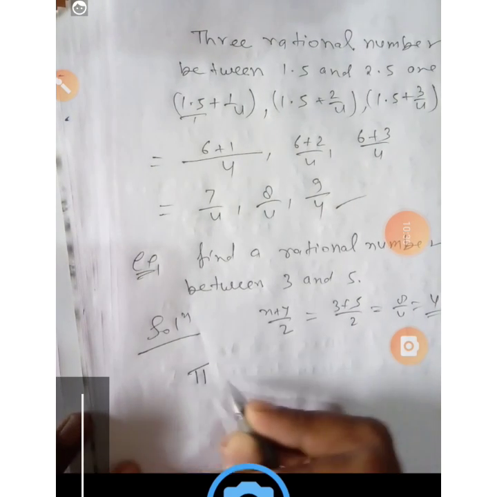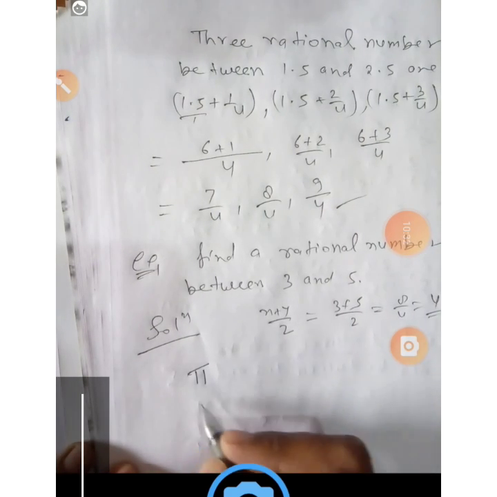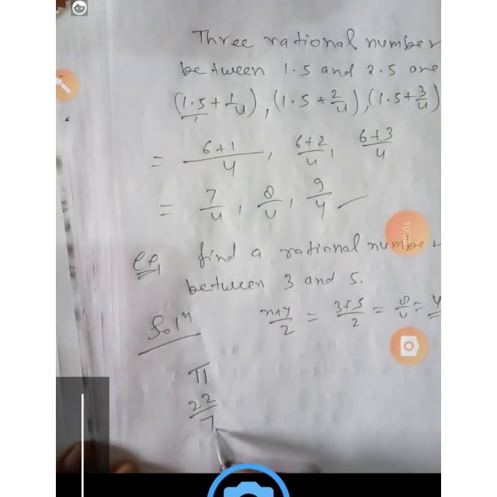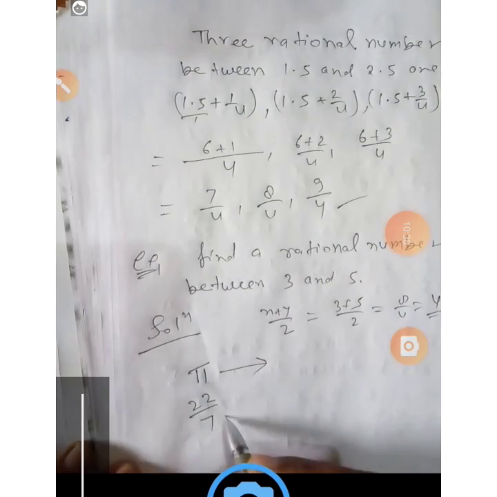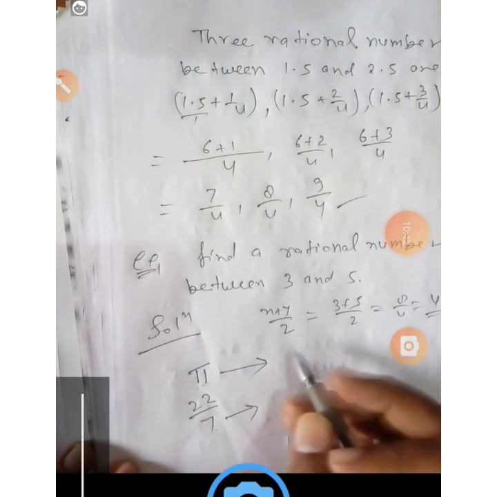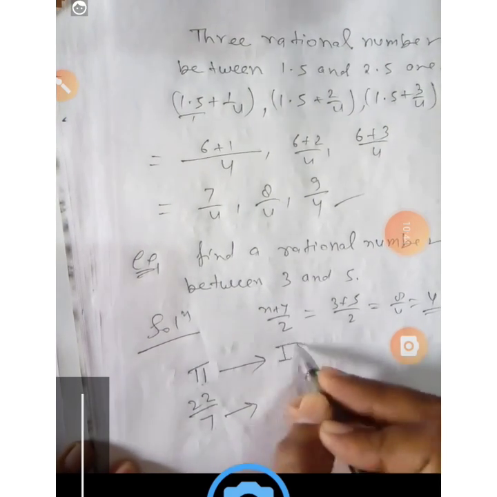And there is one important thing: pi and 22 by 7. The value of pi is often taken as 22 by 7, but if we write pi itself, the value of pi is an irrational number.